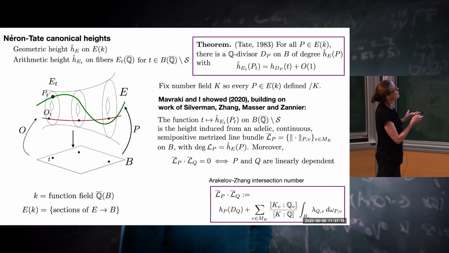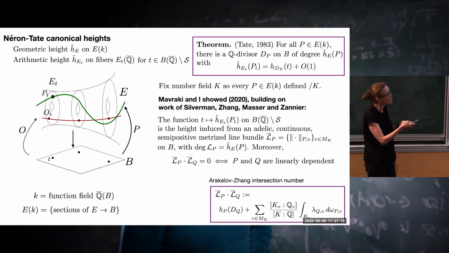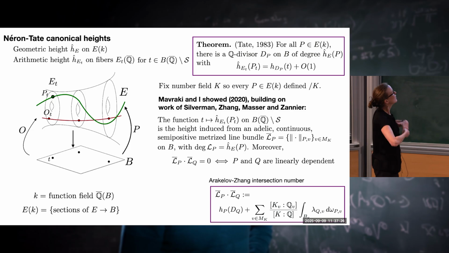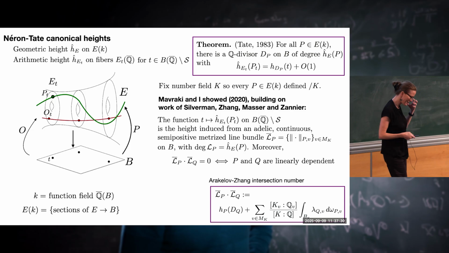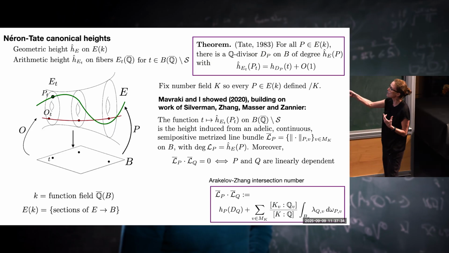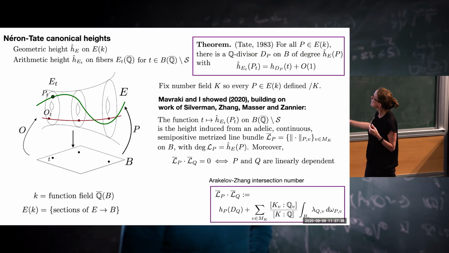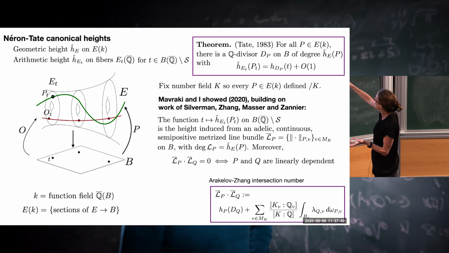We observe that this height function on the base, which is defined away from a finite set of singular fibers, is in fact the height induced from an adelic, continuous, semi-positive, metrized line bundle. So an adelic metrized line bundle in the language that we've learned from Shouwu Zhang, on the base curve.